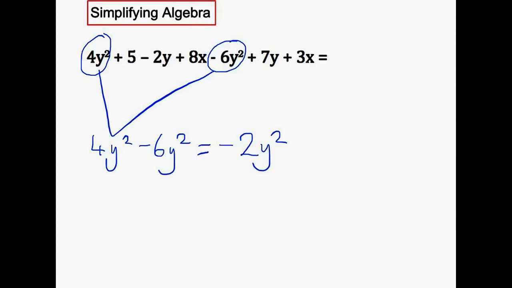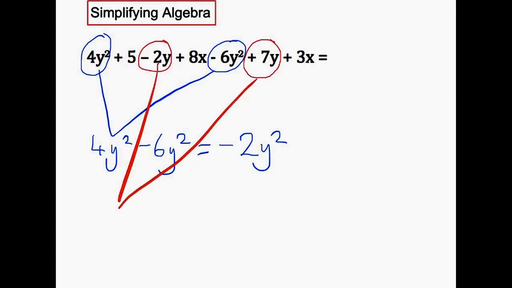Let's look for some other things we can combine. Here we have take away 2y. I'm going to look through to see if there are any other y's, and there are here. We also have plus 7y. So these together, minus 2y, add 7y, will give us 5y. Next, let's look at this.